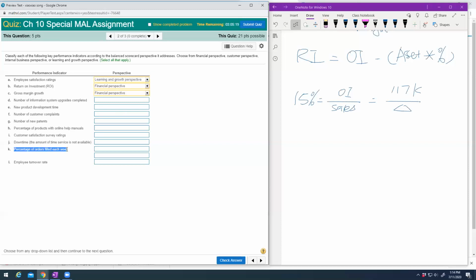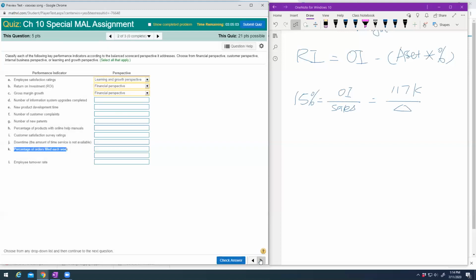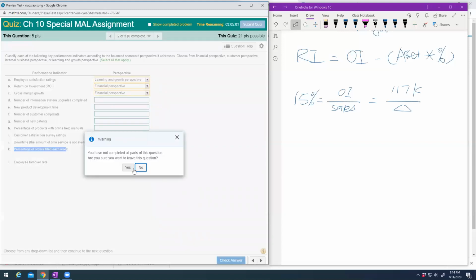I promise you in the exam it will be straightforward. Don't worry about that one. Let's see. You haven't finished? Are you sure? Yeah, I'm sure.